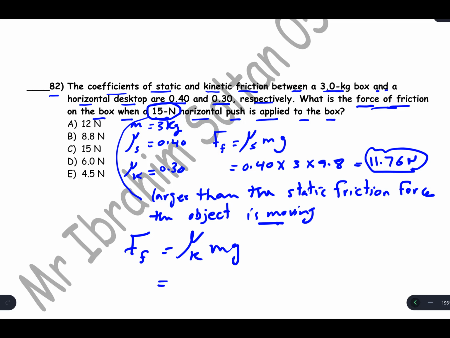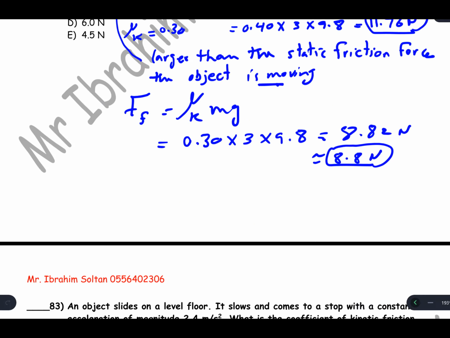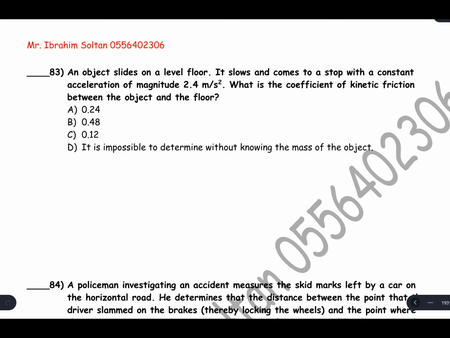Mu k equals 0.30 times the mass 3 kilograms times 9.8 equals 8.82 Newton, approximately 8.8 Newton. So the answer is letter B. I hope you got it, guys. Let's go to the next.